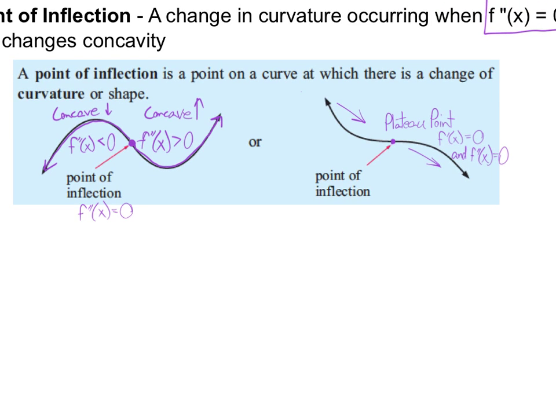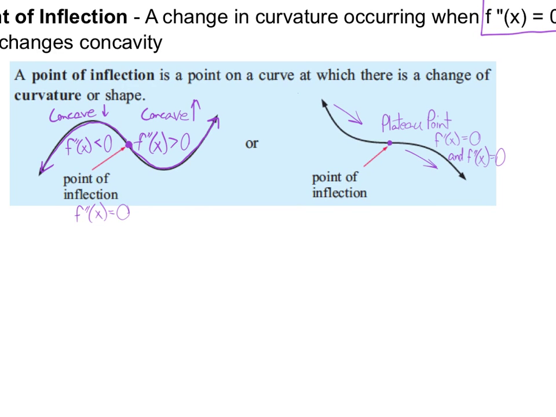Double prime. Now, here's one thing that's important to recognize. All plateau points will be points of inflection. The converse of that is not true. Not all points of inflection are plateau points. You can see right here, there's no plateau on the left-hand side. It just goes straight through it, but that's where we stop speeding up and we start slowing down.